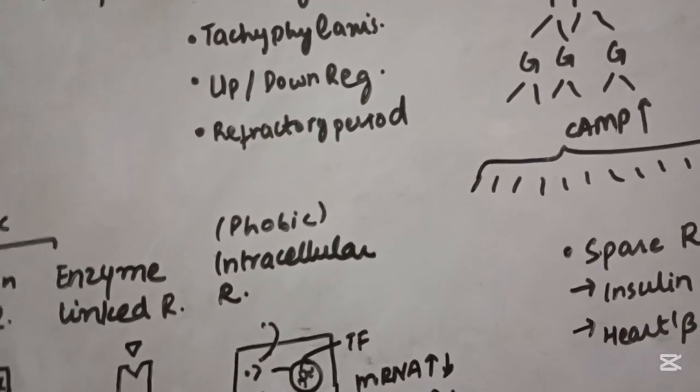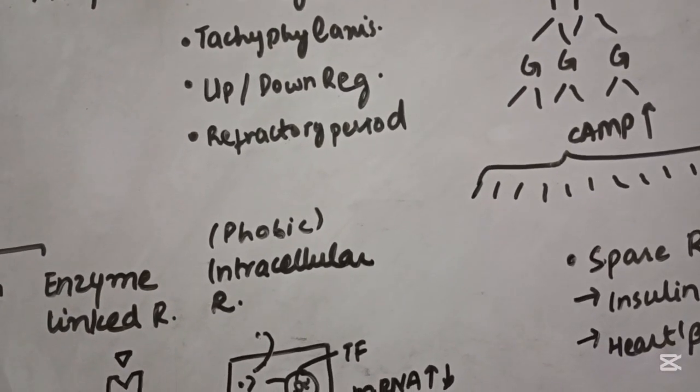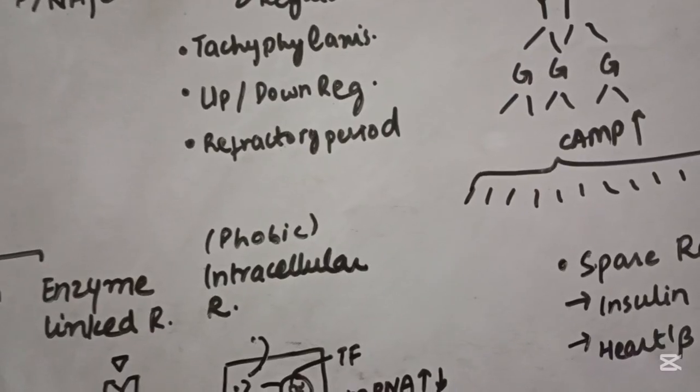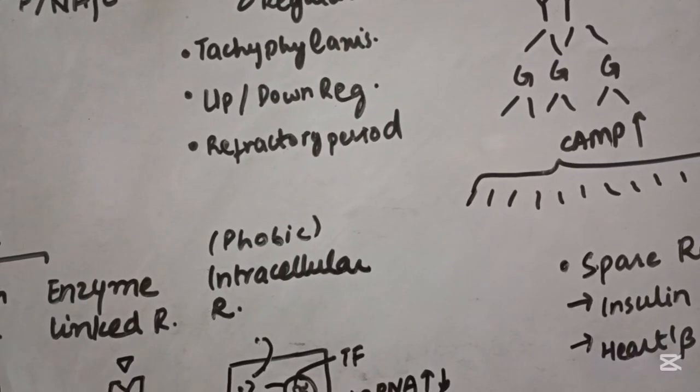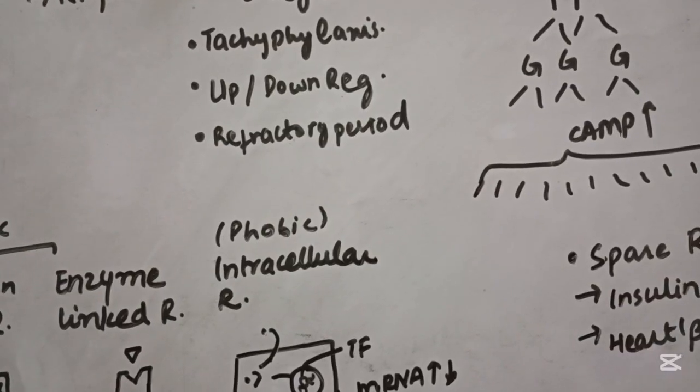It can happen by phosphorylation, or by any other chemical pathway, but the particular receptor becomes insensitive, desensitized to that drug. Next is upregulation and downregulation.